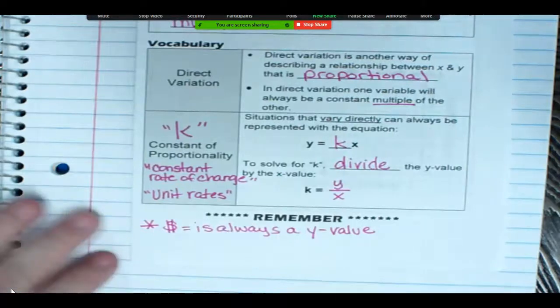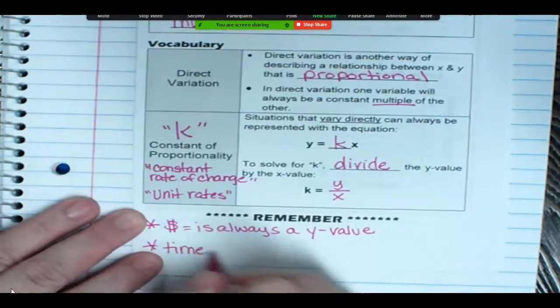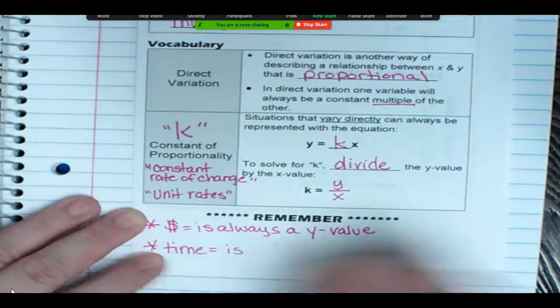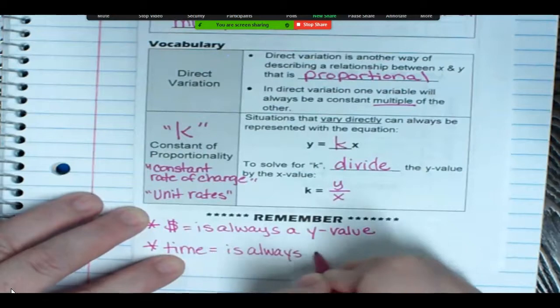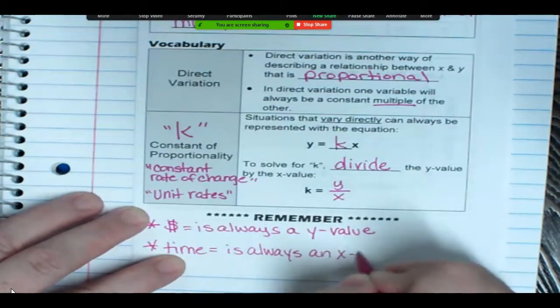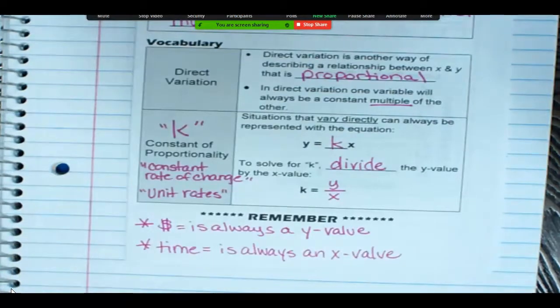Okay? Another little trick: time is always an X value. Whether it's weeks, months, years, days, hours, seconds, every 3 weeks, it's a length of time.